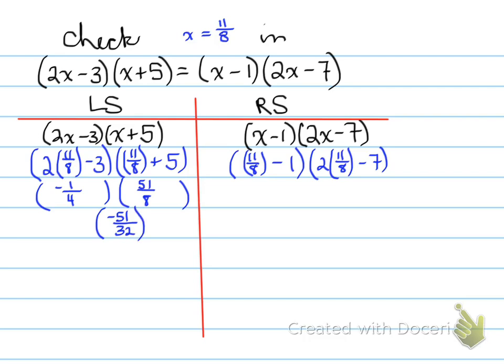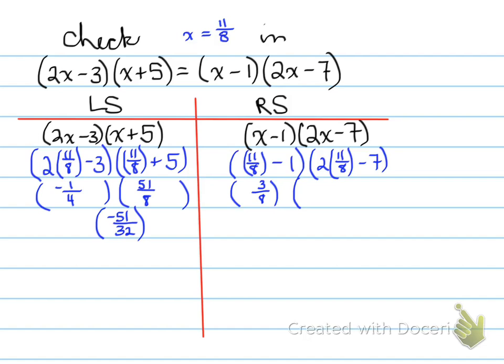Now the right side, let's check our answers here. 11 over 8 minus 1 is going to be 3 over 8. And that is our x minus 1. That'll be 3 over 8.